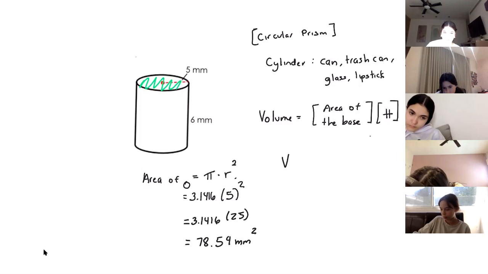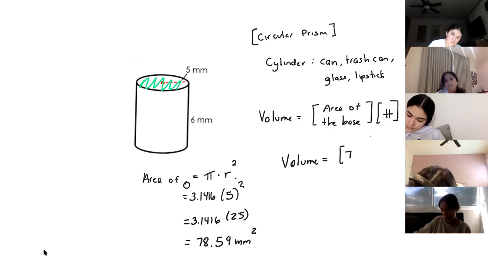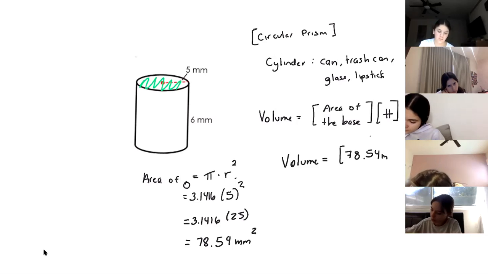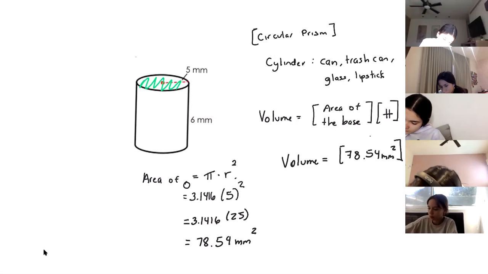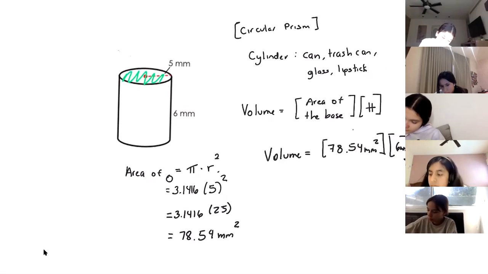So the volume is going to be equal to 78.54 millimeters to the second power times the 6 millimeters of the height.